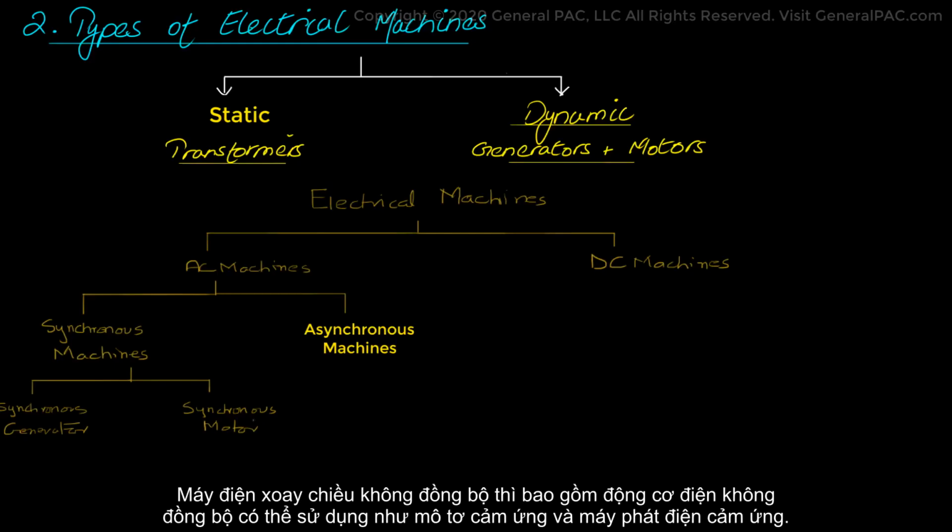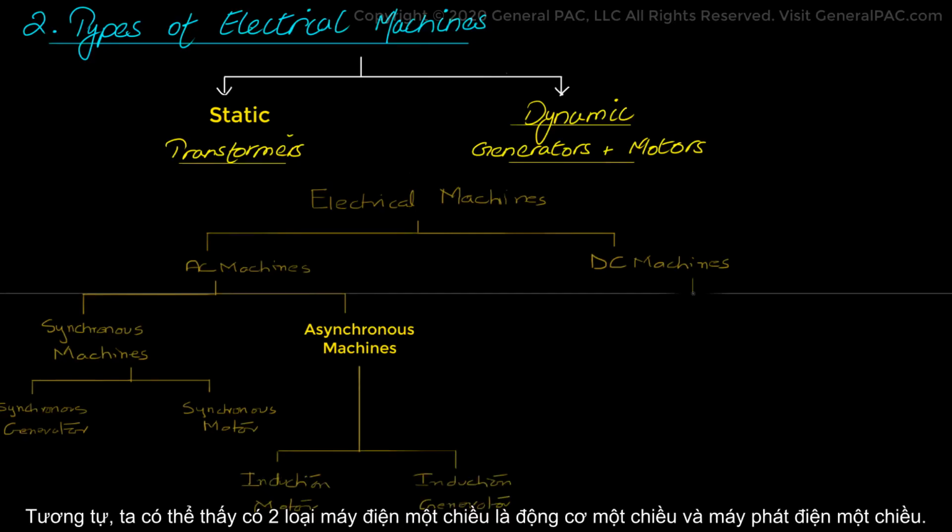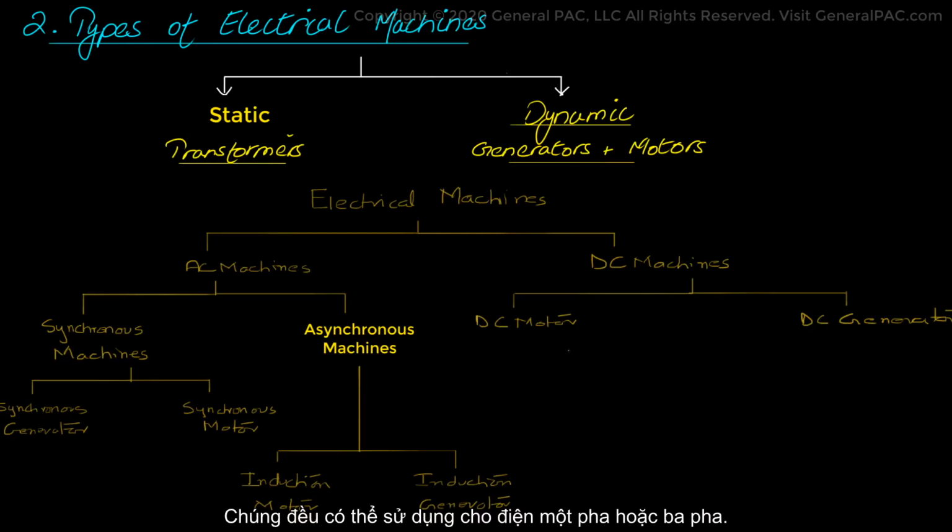Then the asynchronous AC machines include induction machines, which can be used as an induction motor and induction generator. Similarly, as we can see, there are two types of DC machines. There's the DC motors, and then there's the DC generators. In the end, they can all be used according to either single-phase and three-phase configurations.